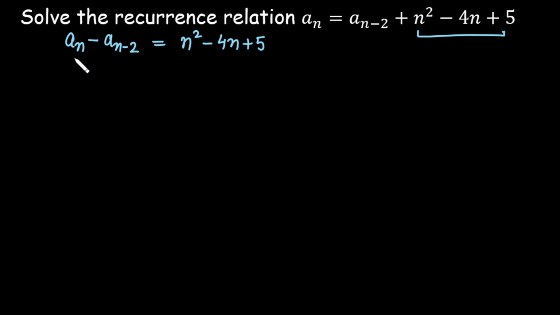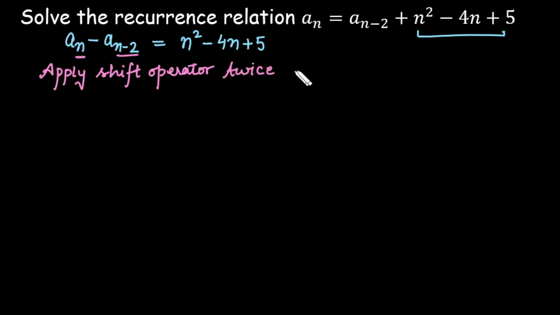In the next step, we need to remove the negative index if it contains one. Here we have a_n, here we have n minus 2, so we need to shift this index over n. For that, we need to apply the shift operator twice.